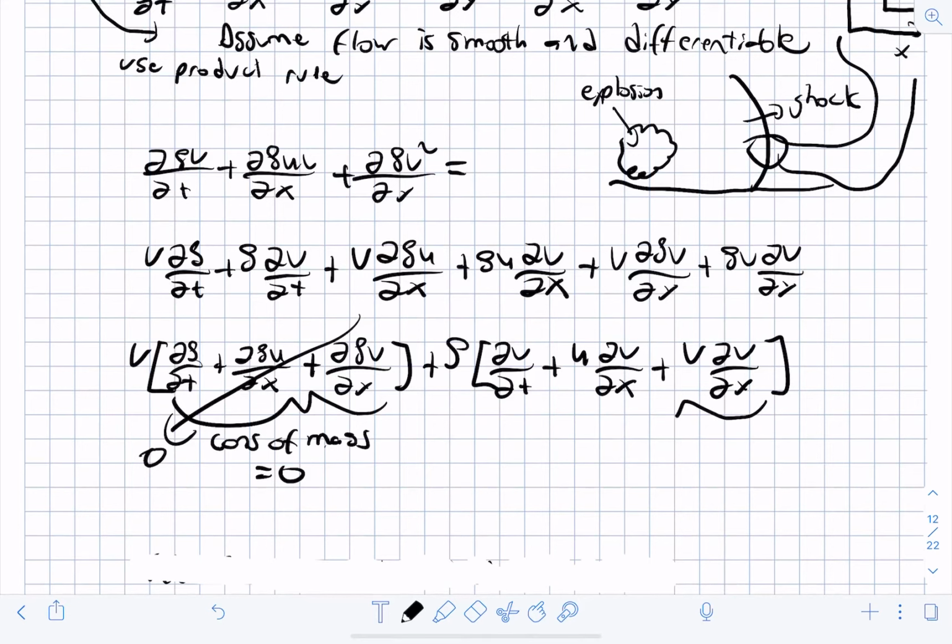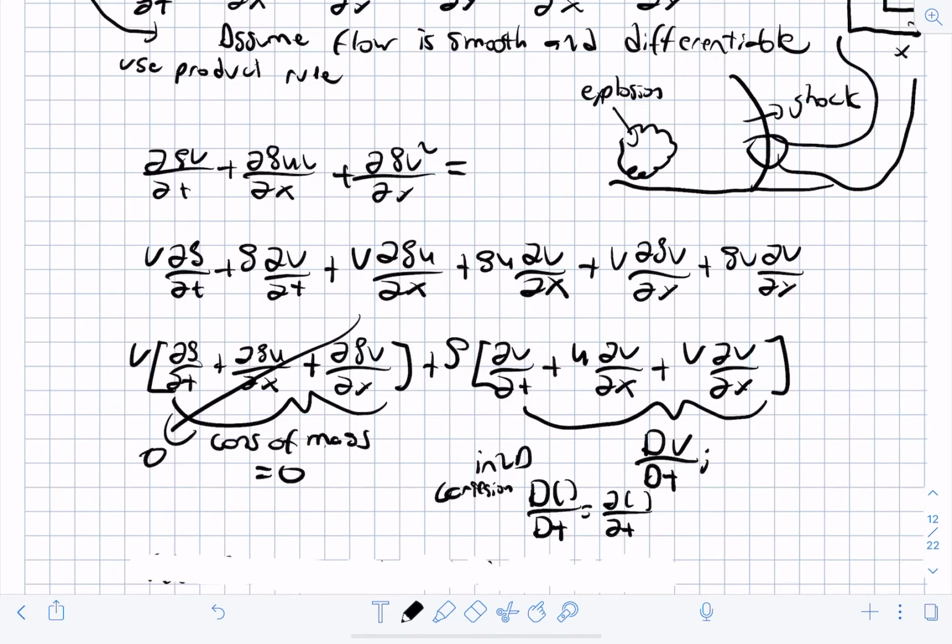And this here is nothing more than dv dt, because recall that the substantial derivative of any variable with respect to t in Cartesian coordinates equals partial blah partial t plus u partial blah partial x plus v partial blah partial y. And you can see that we have our substantial derivative formula here, where this blah is v. So this is really just capital D v capital D t.